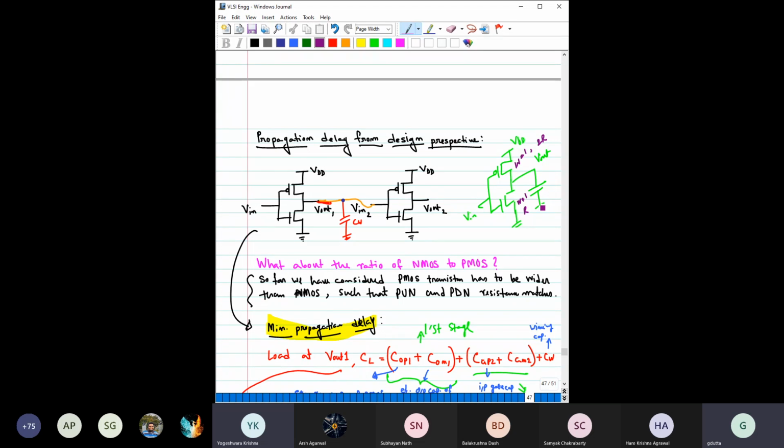Then if I have to get a symmetrical VTC or symmetrical charging and discharging characteristics, what should be the ratio of this PMOS and NMOS? Is my question clear or not clear?